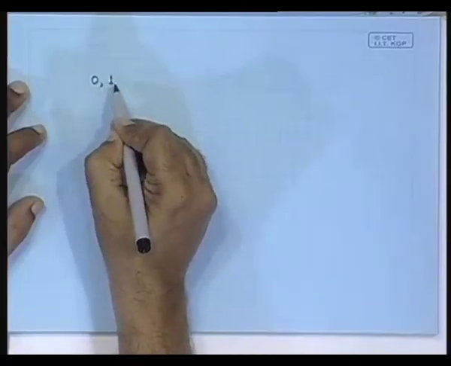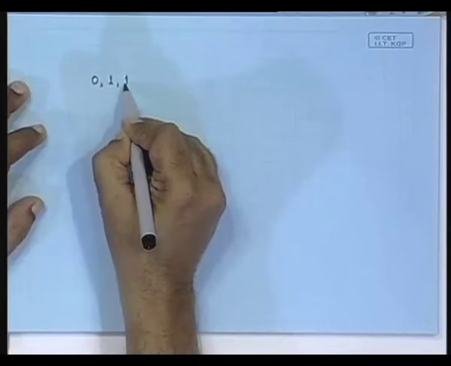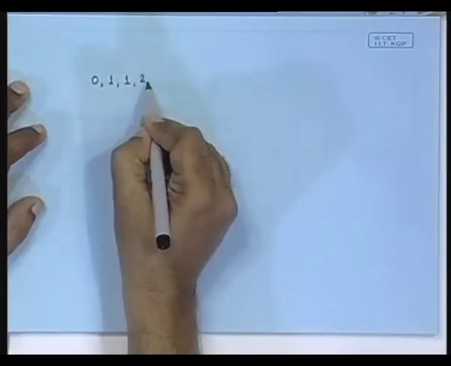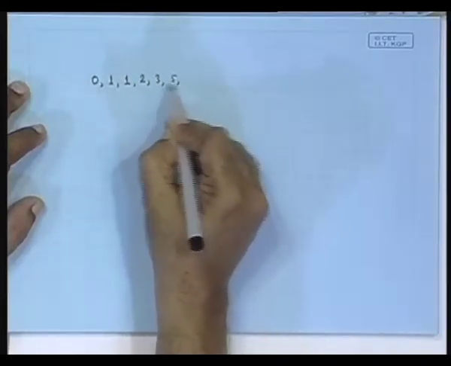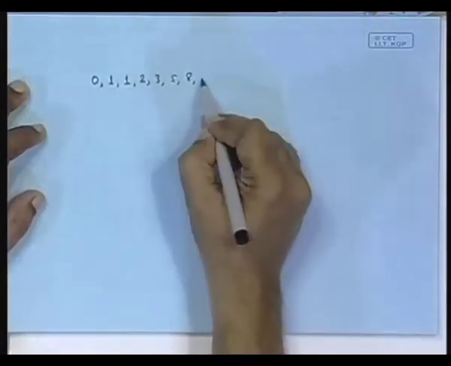But before that, since you have said that you have some background on Fibonacci numbers, is there anybody who does? Good. So, you know that the Fibonacci series is essentially 0, 1, add them, and so on and so forth.